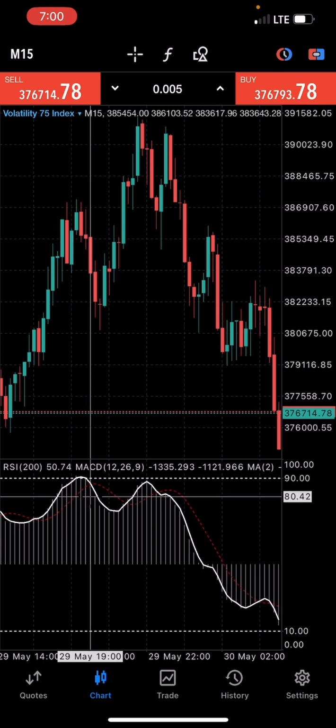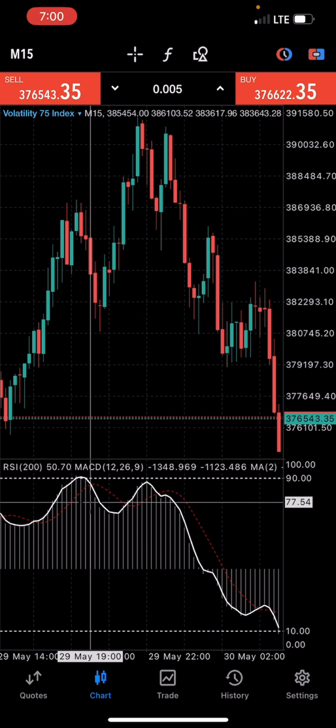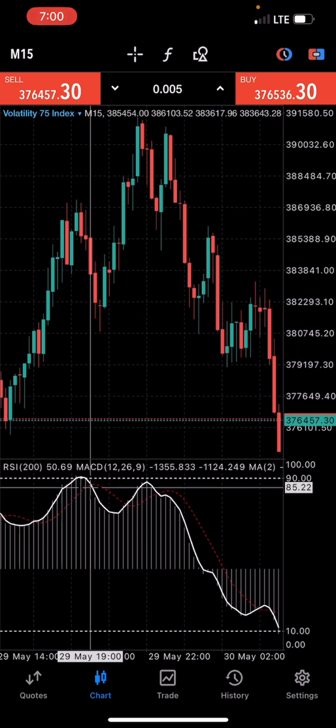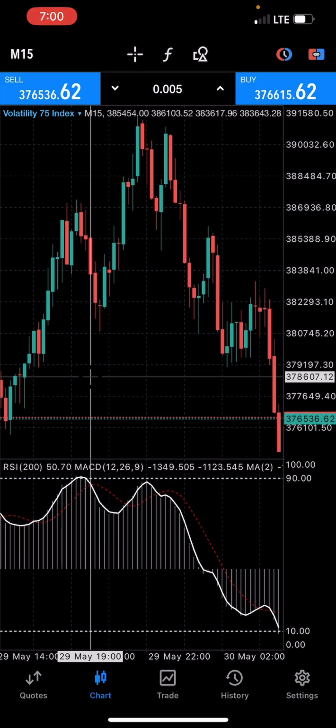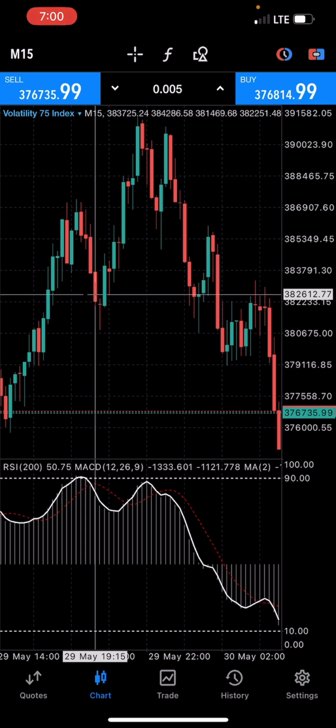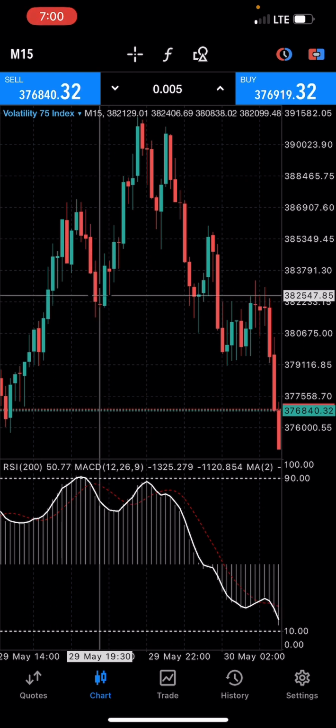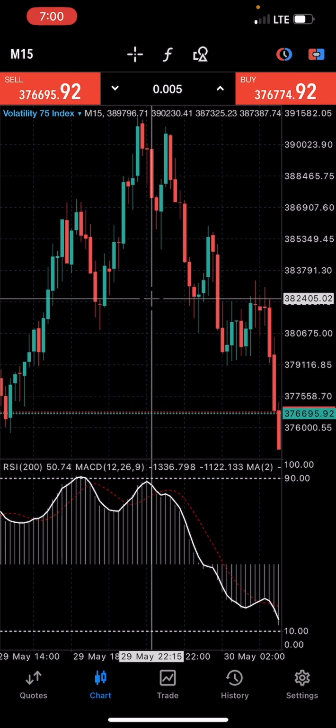Let's see if this gave us a 1 to 1 or maybe a break even. Let's see. So it crossed here. It crossed here. And this is our entry. So this trade didn't come. It hits our stop loss.